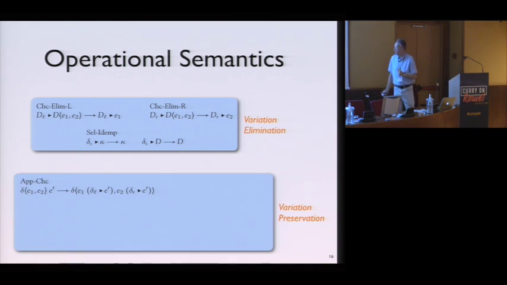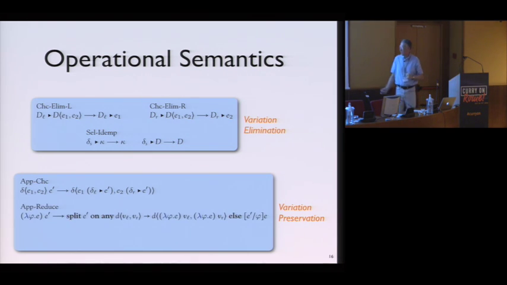And for variation preservation, we now have to realize this choice distribution principle. The first case is if the function to be applied is a choice itself, then we move the argument into both choice alternatives. And again, we have to make sure that we select with a dimension in the left and right alternative for the argument. The reason for this is related to choice domination, which I haven't shown, so I will not explain this here.